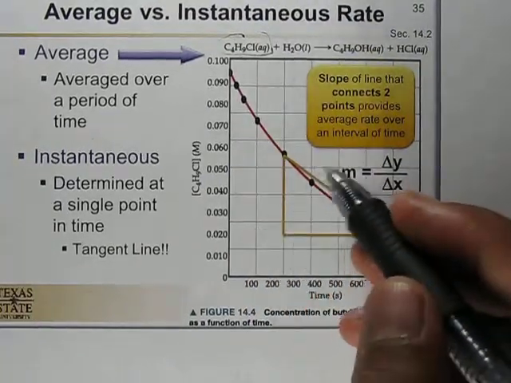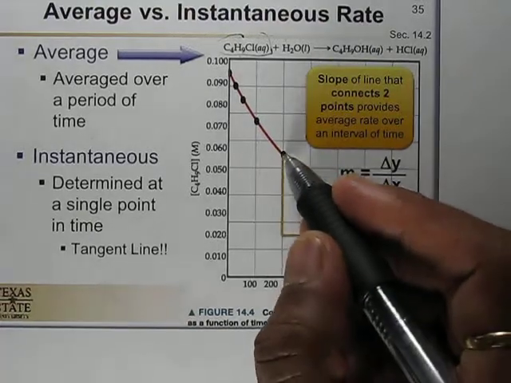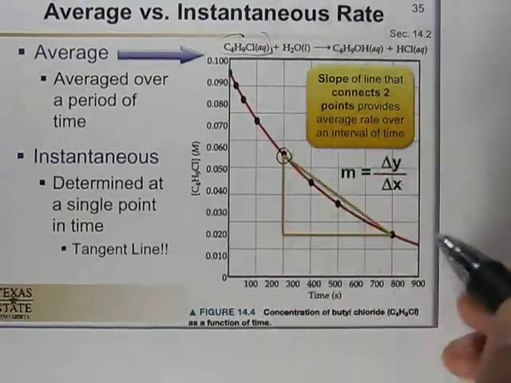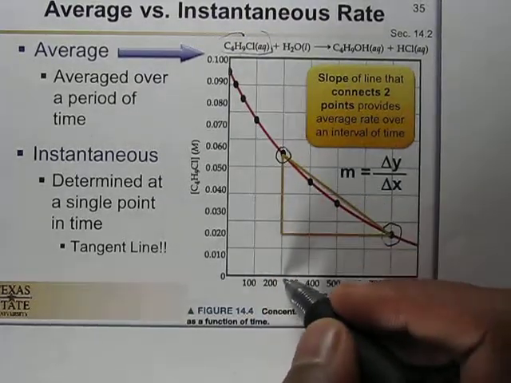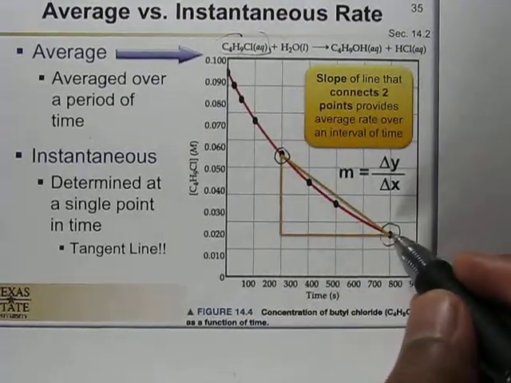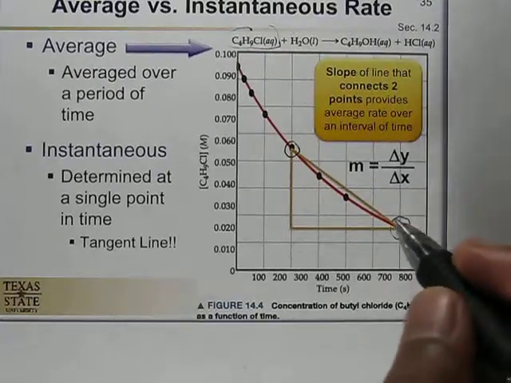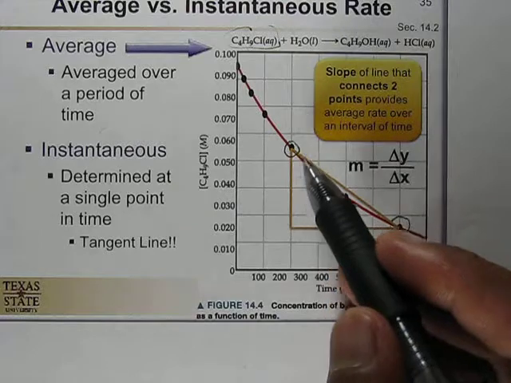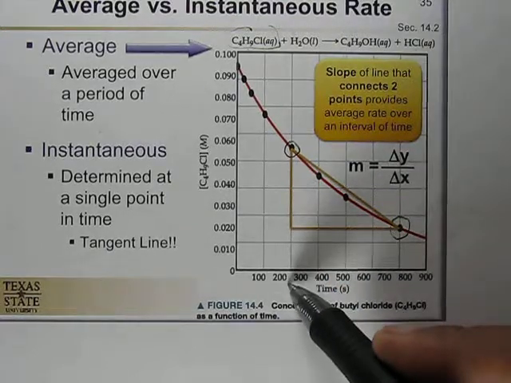If we have to find the average rate of this reaction between these 2 points, this point is around 150 seconds and this point is around 800 seconds. So what is the average rate between 800 seconds and 150 seconds?